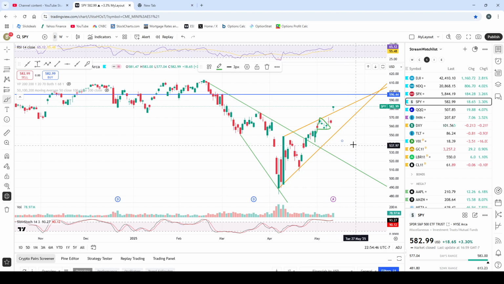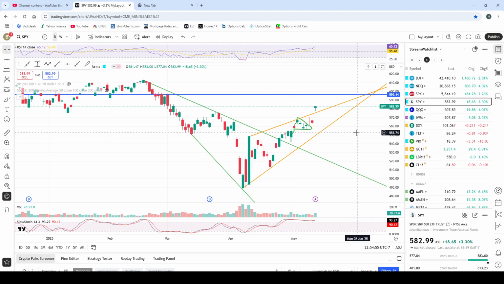So what is the next level that we need to look at? A lot of time when it's moved above or breaks out of the resistance or breaks down from the support, it will make some move and then come back to the line to test, and people call it return to the scene of the crime.